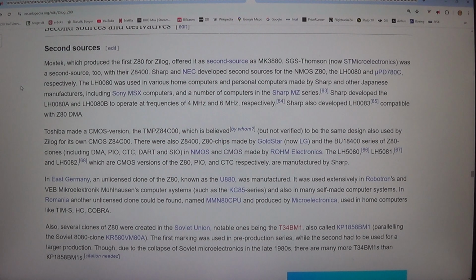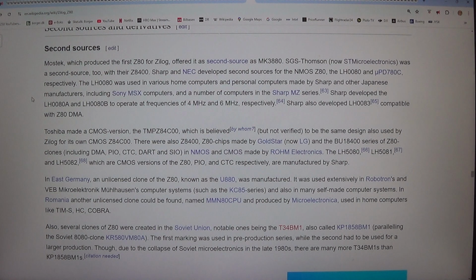Sharp and NEC developed second sources for the MOS Z80, the LH0080 and PD780C, respectively. The LH0080 was used in various home computers and personal computers made by Sharp and other Japanese manufacturers, including Sony MSX computers, and a number of computers in the Sharp MZ series.